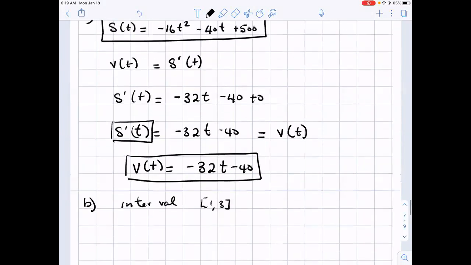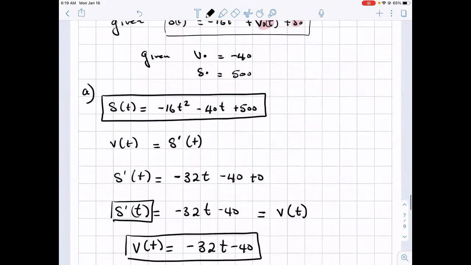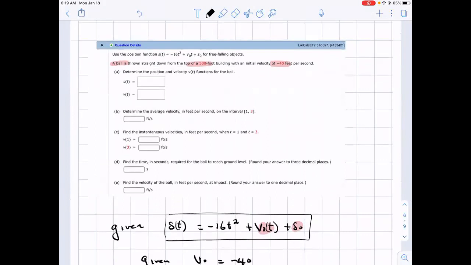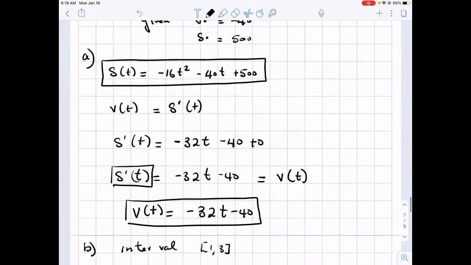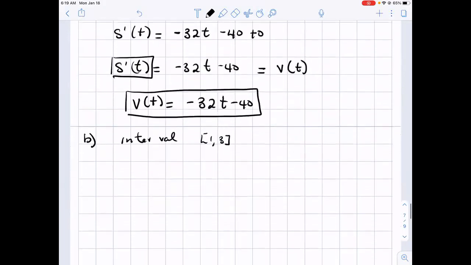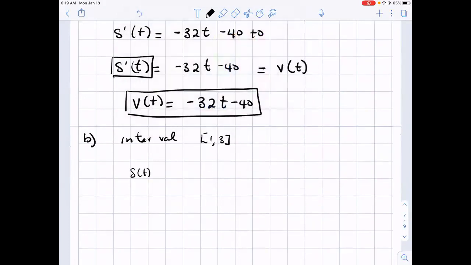So for part B, we have to find the average velocity on the interval 1 to 3. We did this problem before, so basically we have to find S of t, which we have.